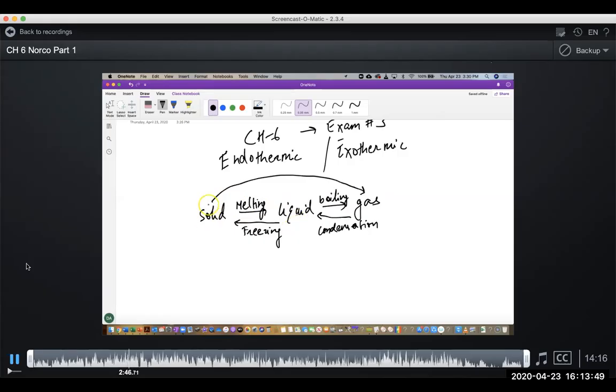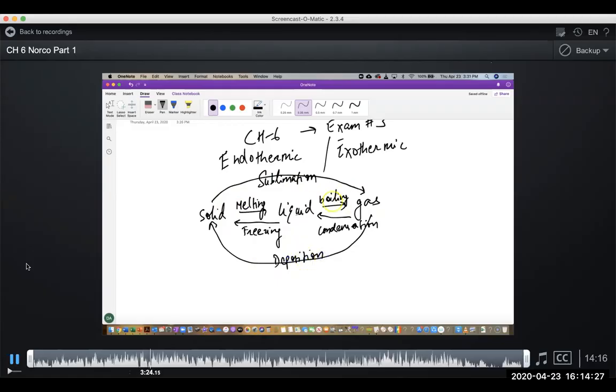A solid dry ice never changes into a liquid. That's why it's called dry ice, because it never melts. This process of changing solid to gas directly in one step is called sublimation. Now, a gas can also go directly back to a solid, skipping the liquid step. The opposite of sublimation is called deposition.